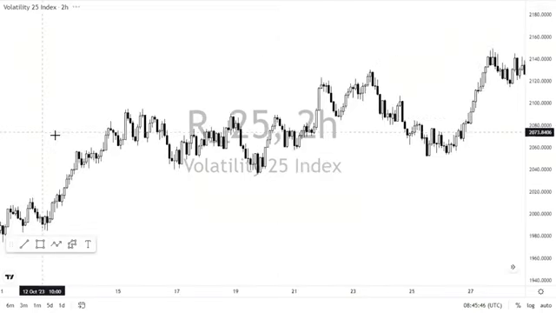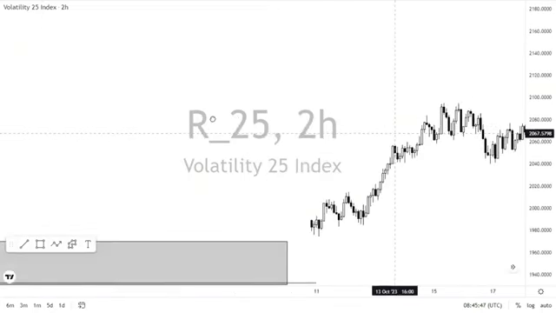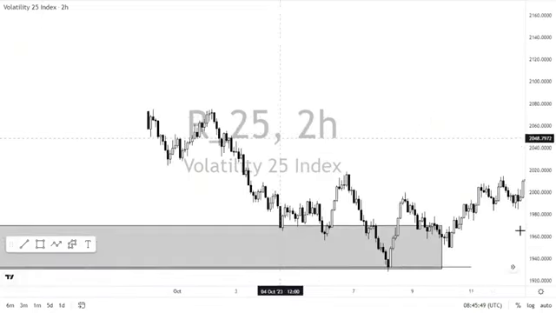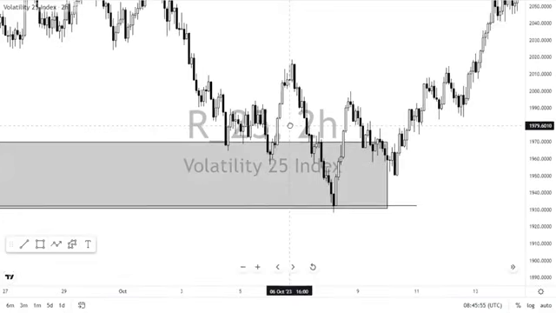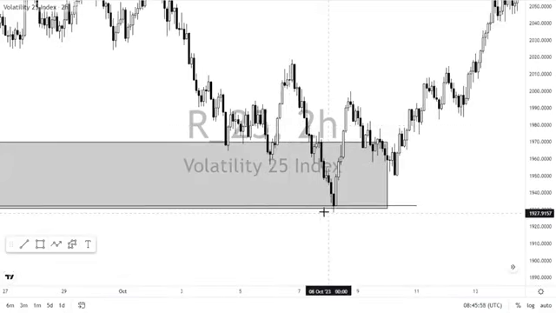Can you see this, guys? This is the 2 hours time frame. Just that particular wick has taken out lots of traders' stop losses.